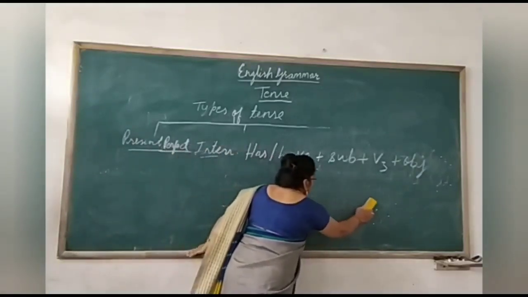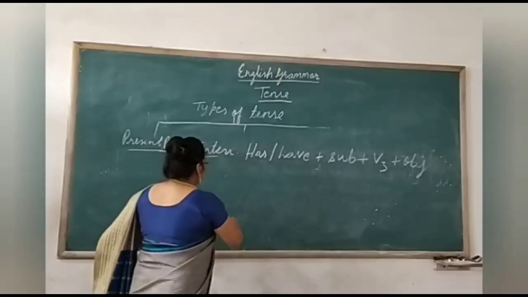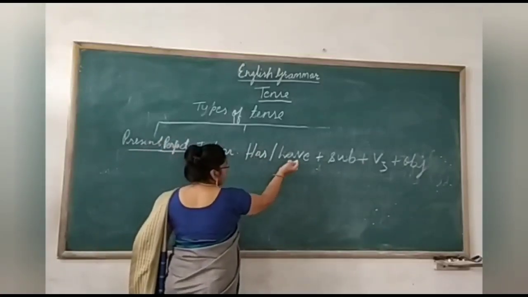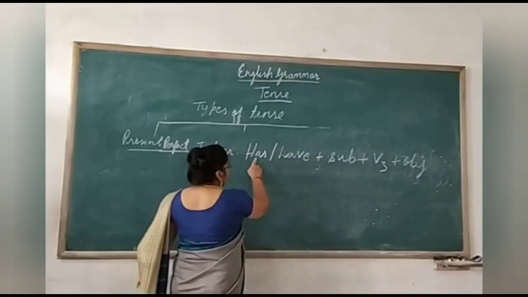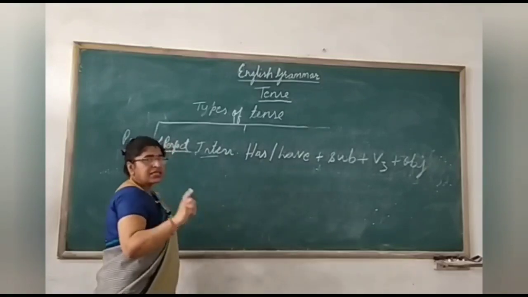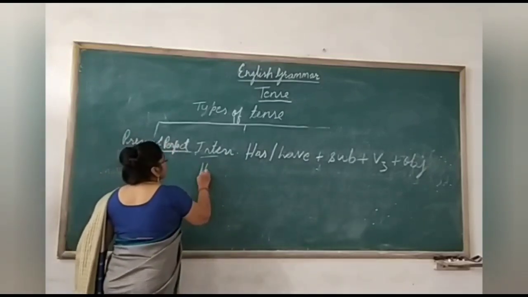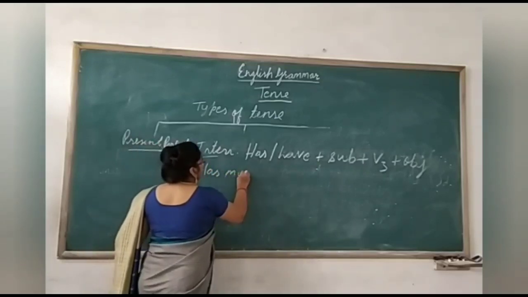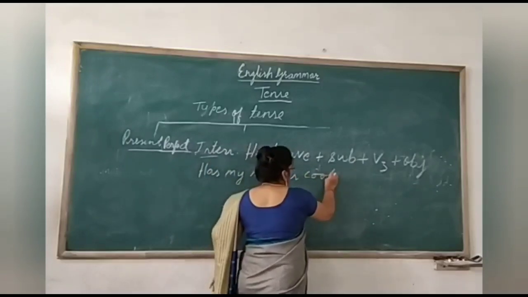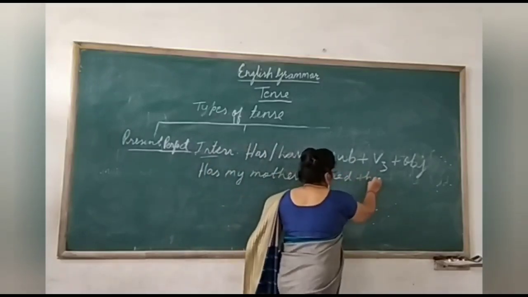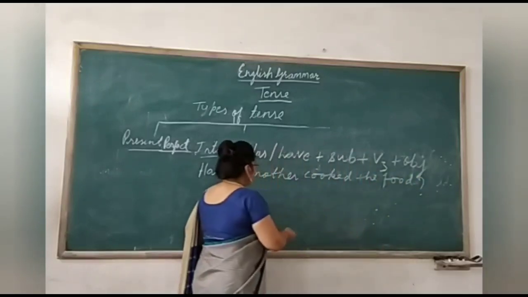Now let's convert the same sentences that we have taken. Clear? Has, have. You know well, with I, you and plural you will use have. Has will be used only and only with a singular noun or pronoun. Here, has my mother cooked the food? Clear?